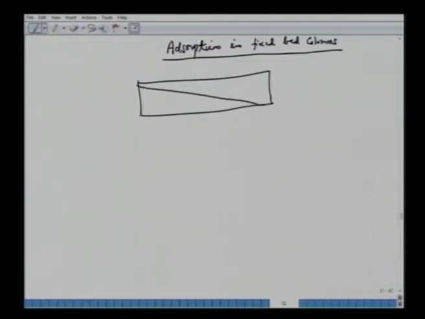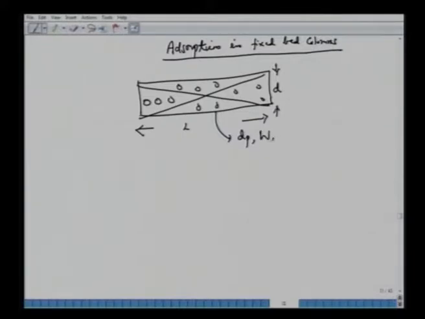It's packed with adsorbents. It has length, say, L. We have diameter D. Particle diameter, let's say it's dp. The total quantity is weight W in kg.